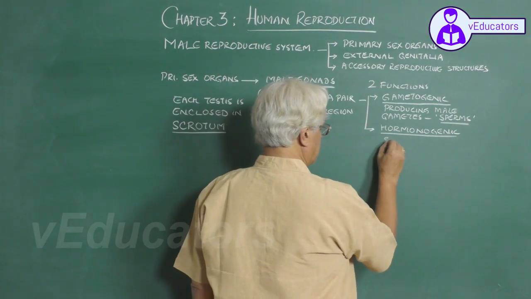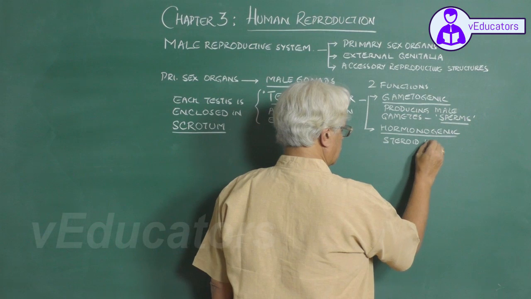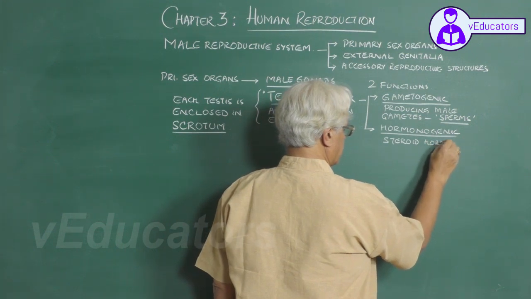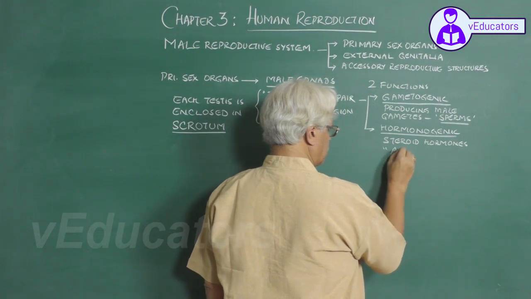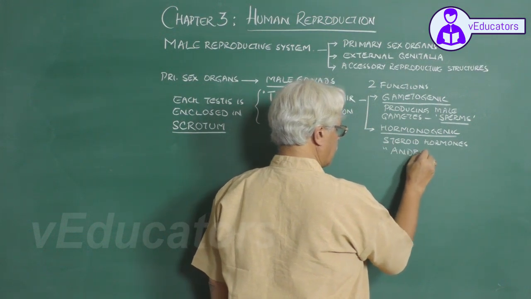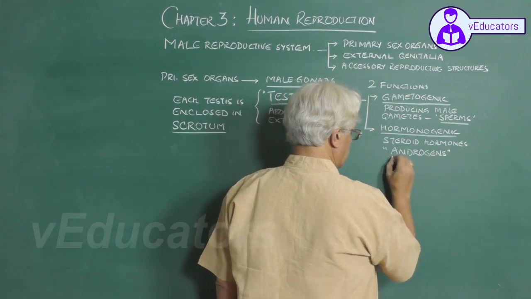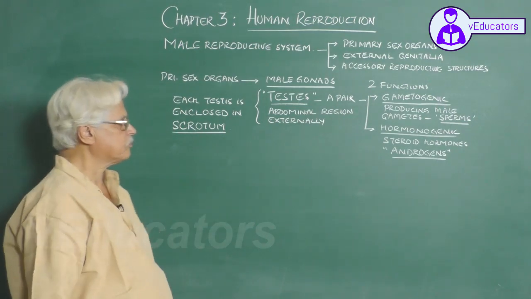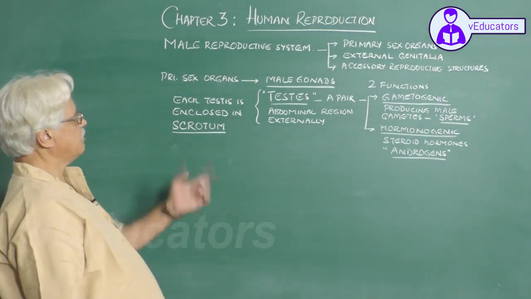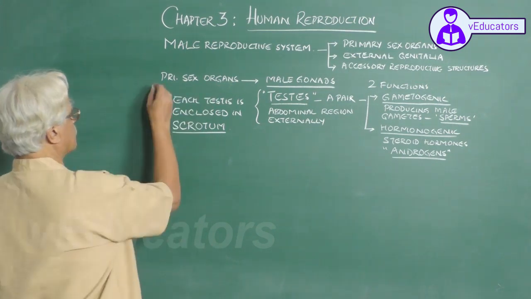Testis produces a group of steroid hormones called androgens. We will know about them a little later. So testes represent the primary sex organs.